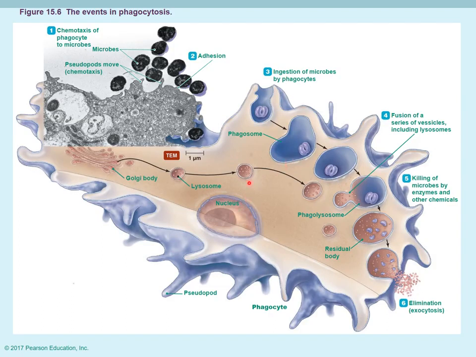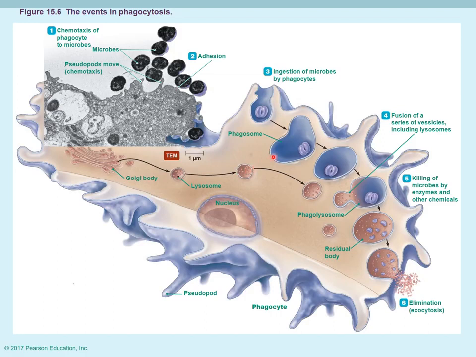If you remember, way back in the beginning when we talked about cells, you often have these little vesicles called lysosomes that contain lysozyme. The lysozyme is a very highly digestive compound, like we just said. It will break down bacteria.